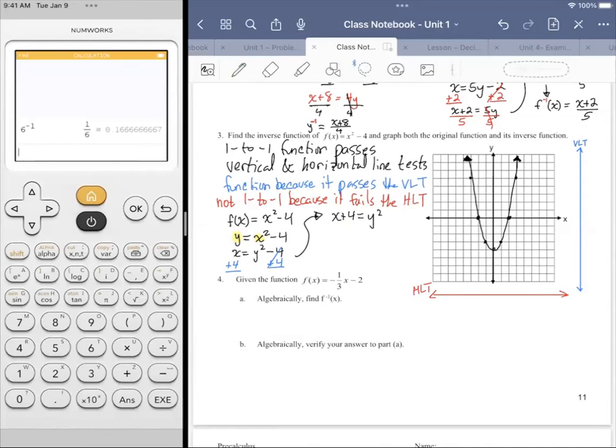Now, we reviewed this in the early part of the unit. If you have a power of 2 on one side of the equation, to get rid of that, we can take the square root of both sides. But since we're actively taking the square root, that makes this y equals plus or minus the square root of x plus 4.